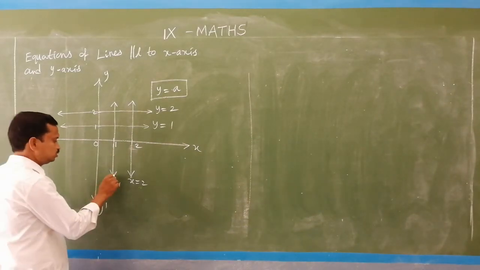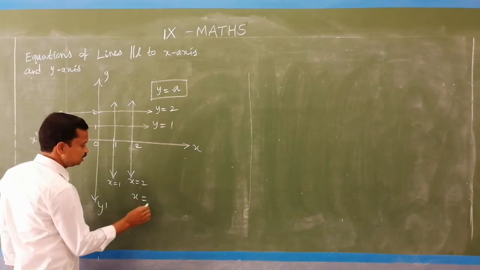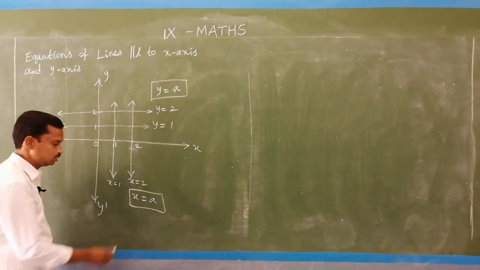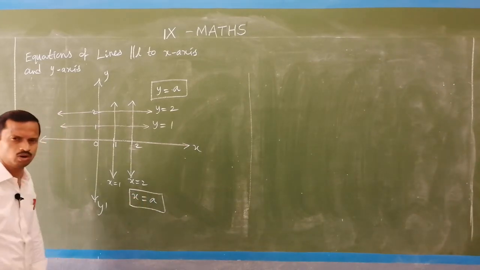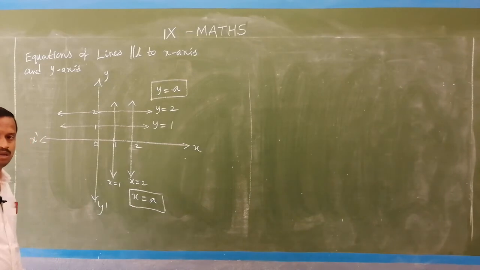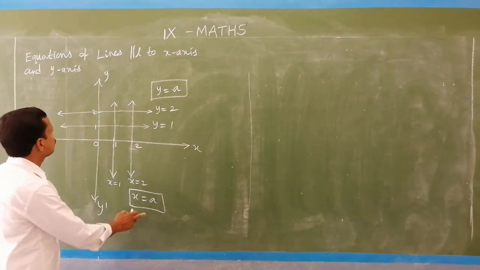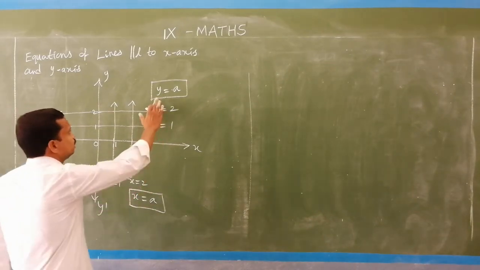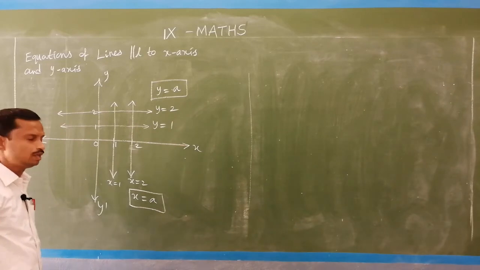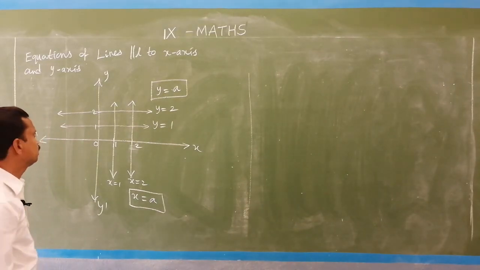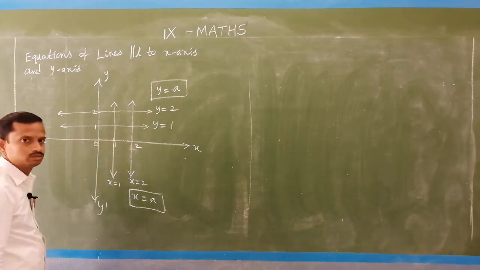So, parallel to y axis means generally we can say the equation is x equal to some constant, for example, small letter a. So, x equal to a is the equation of the line parallel to y axis, and y equal to any constant, that is y equal to a, is the line which is parallel to x axis. Clear?